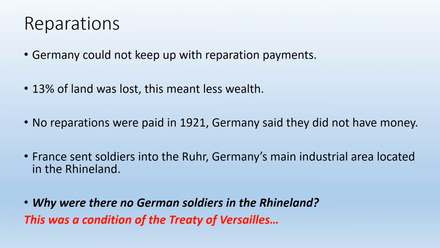On top of that, Germany's army was limited to only 100,000 soldiers, which is not nearly enough to fight back against any other military force. So for those reasons, the French are going to march into the Ruhr, and they're going to try and take back some of the value that they're owed, and they'll do so by invading the factories and taking the products from those factories.